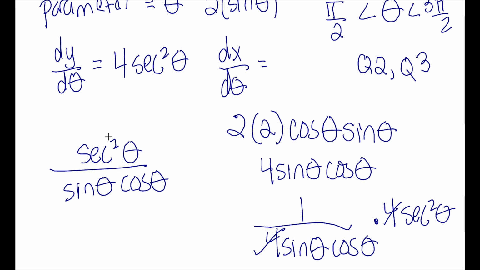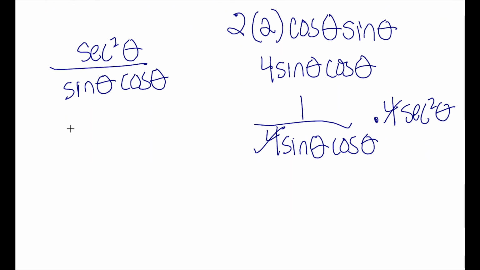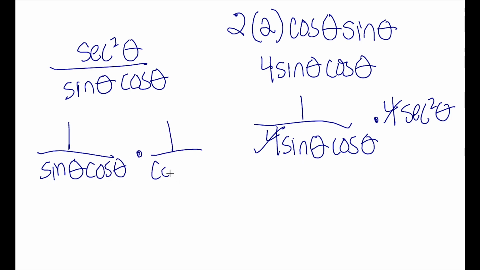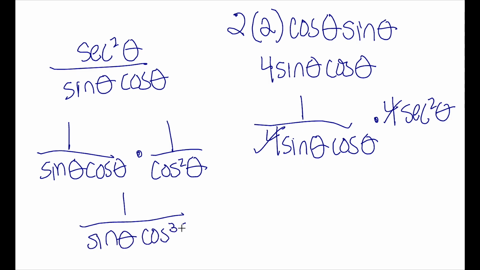So let's rewrite the secant squared theta as 1 over cosine squared theta. And when we multiply the denominator, our derivative is 1 over sine theta cosine cubed theta.